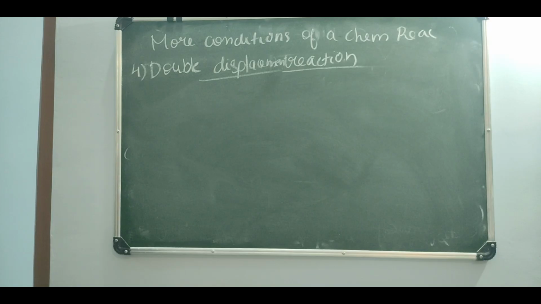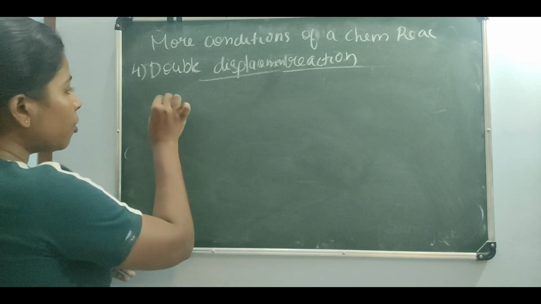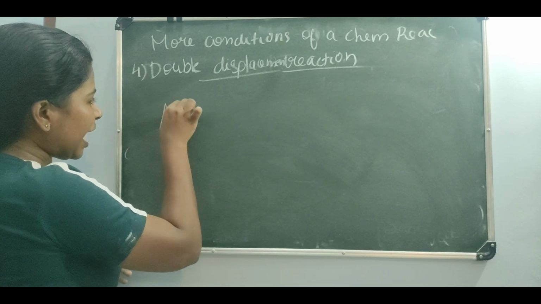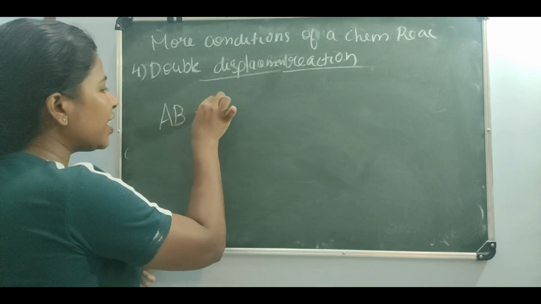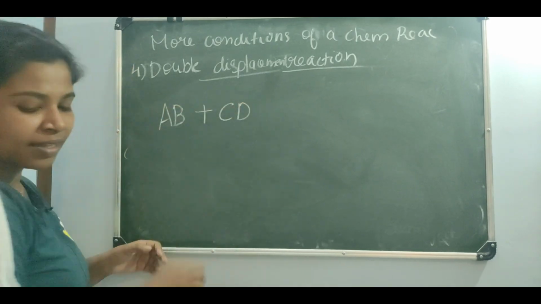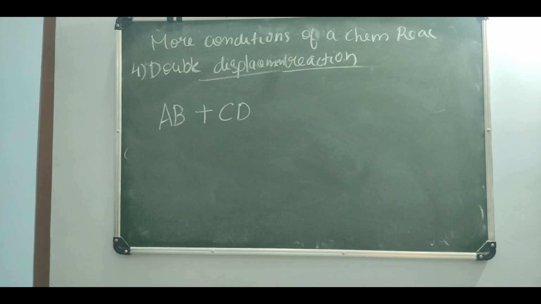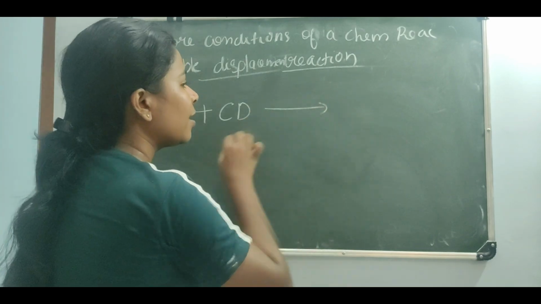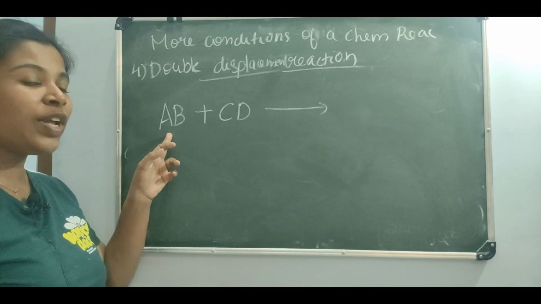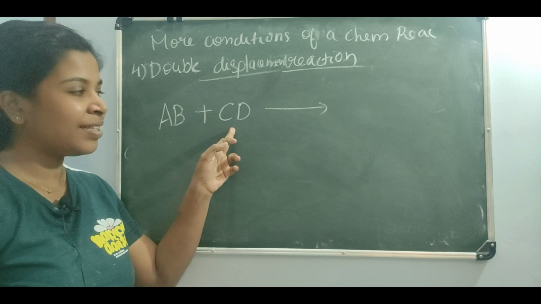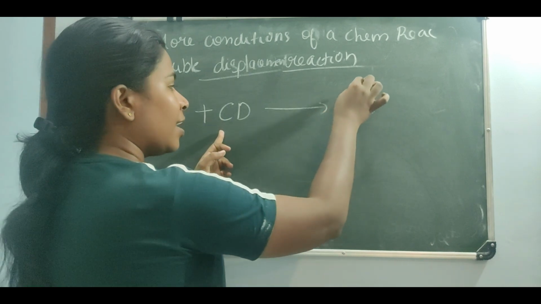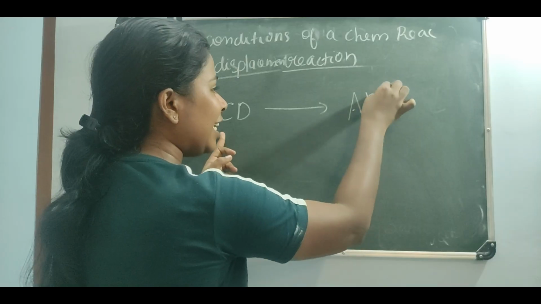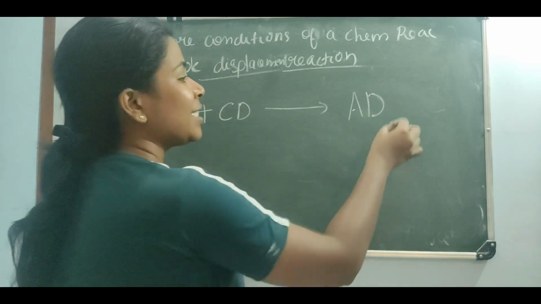Let's see what happens. Suppose AB is combining with CD. This is the reactant side. Here what happens? A will take the place of C and C will take the place of A, giving AD plus CB.